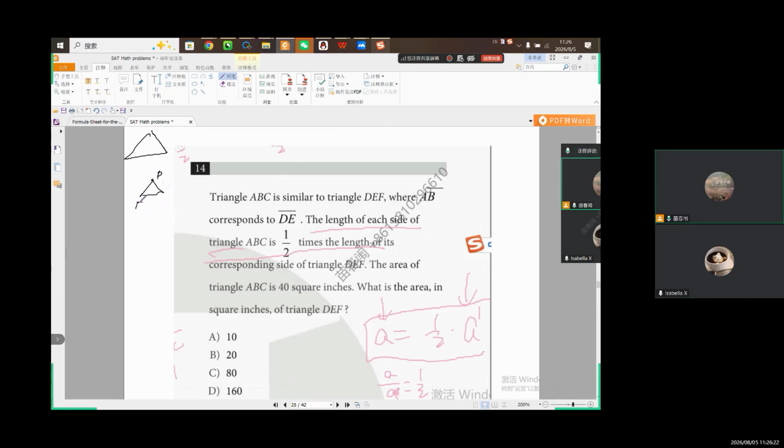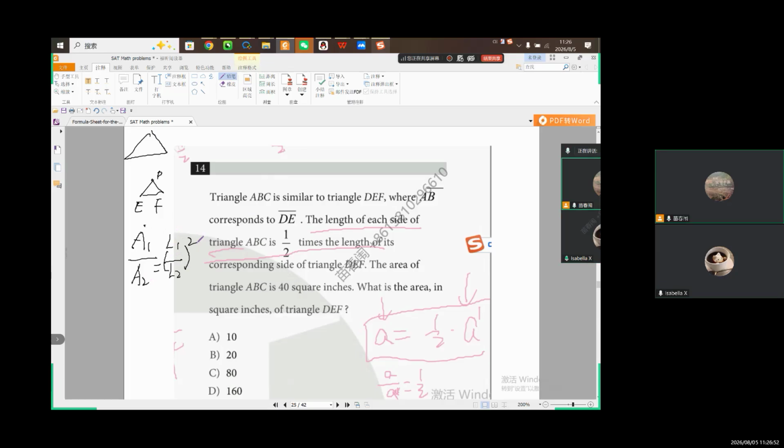I tried to do it, but I got a square. Say A1, the area of ABC, and A2, the area of DEF. Their ratio must be the length 1 and length 2 squared. Does that make sense? Yeah, that makes sense. Actually, no. Square.